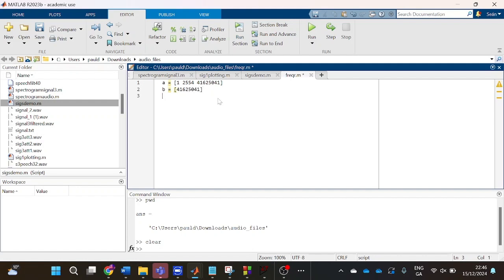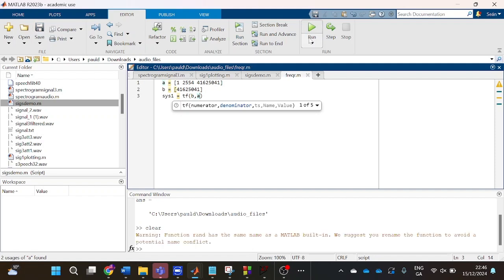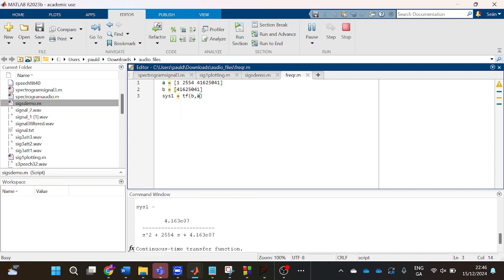So then we're able to get the transfer function quite easily. So if I go ahead and run that, save it first, you can see that I was able to get the transfer function quite easily.